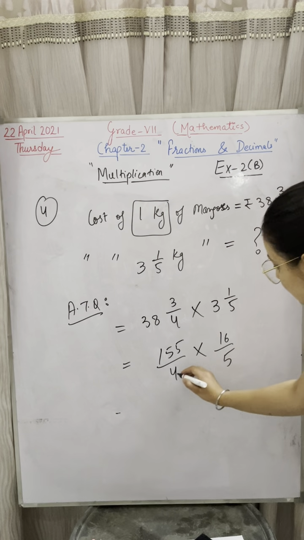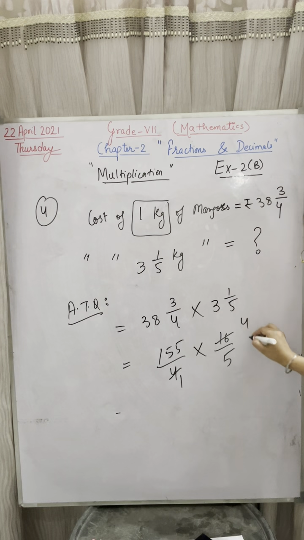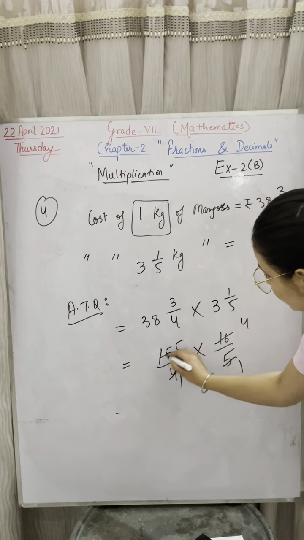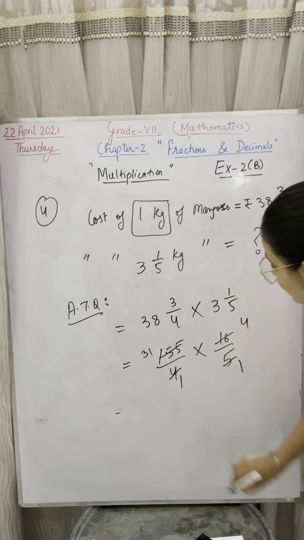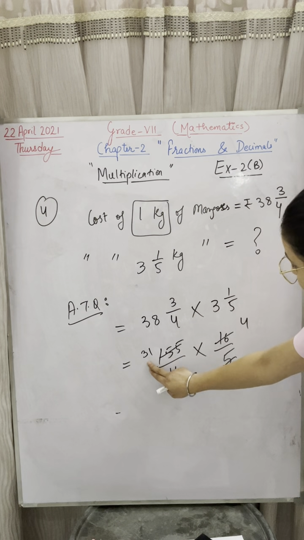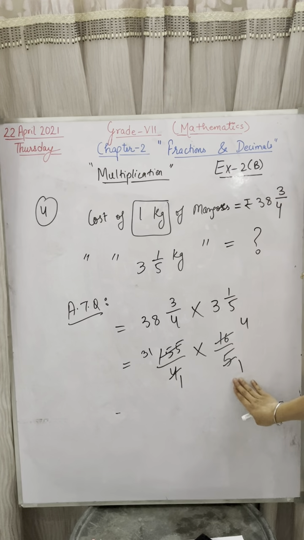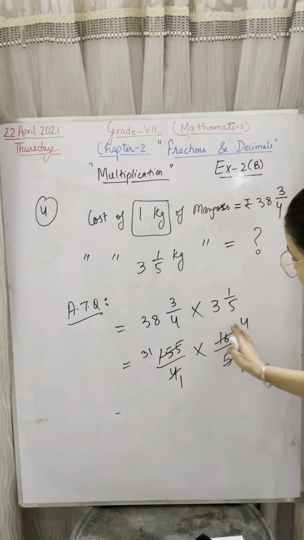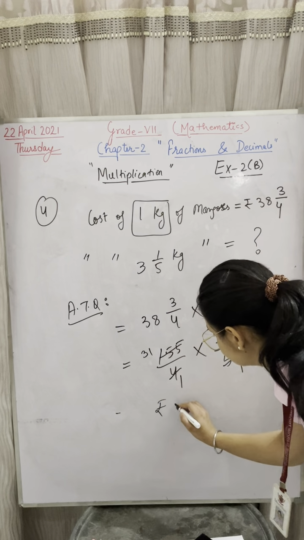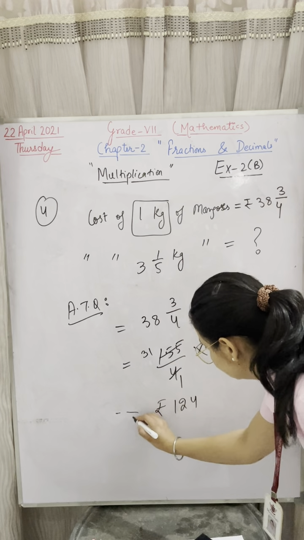Now I can cancel. 4 ones are 4, 4 fours are 16. 5 ones are 5, 5 threes are 15, and 1 is 16. Now 31 into 4, here denominator only 1 is there, and 31 into 4 equals rupees 124. This is your answer.